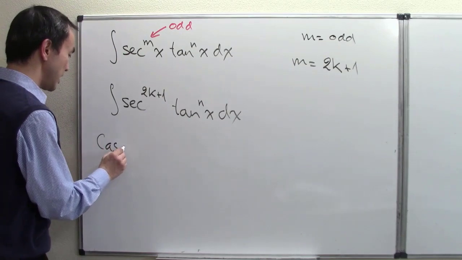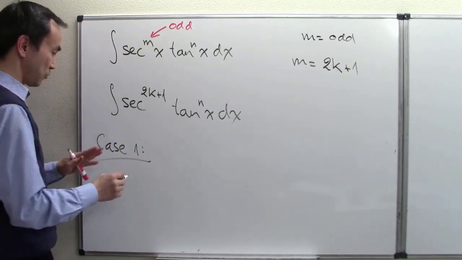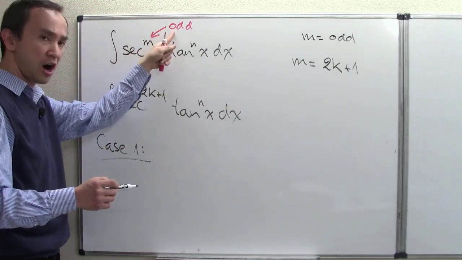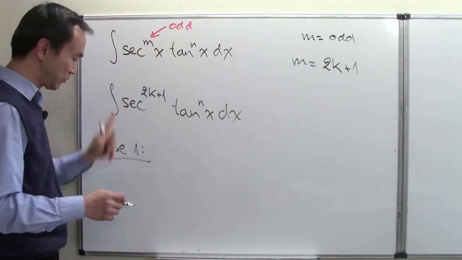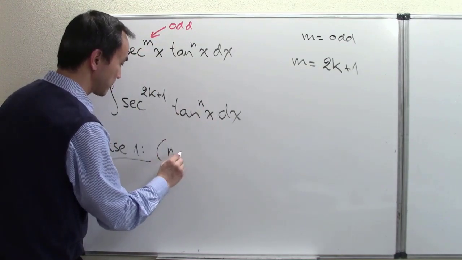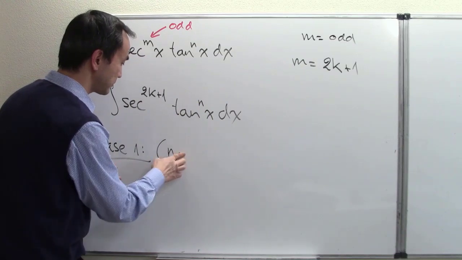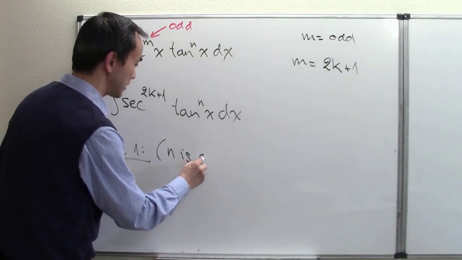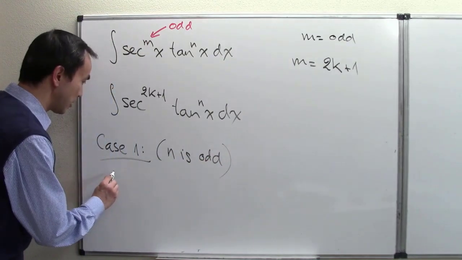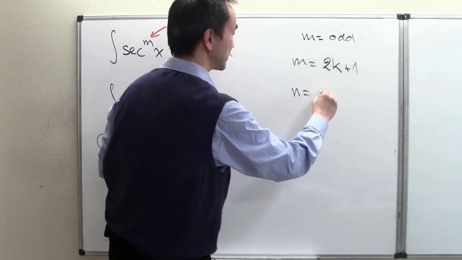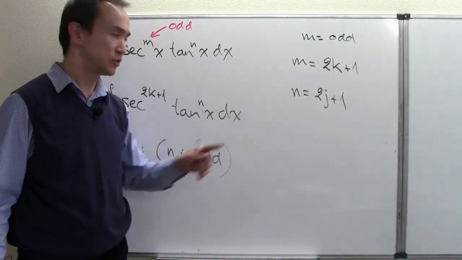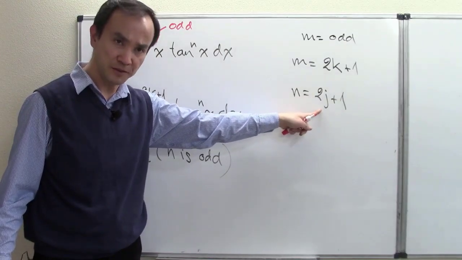So let's look at case 1. Once again, this is a sub-case where the power on the secant is odd. But now we have two sub-cases. The first scenario is when the power on the tangent is also odd. That further means n can also be written as 2j plus 1, some multiple of 2 plus 1.